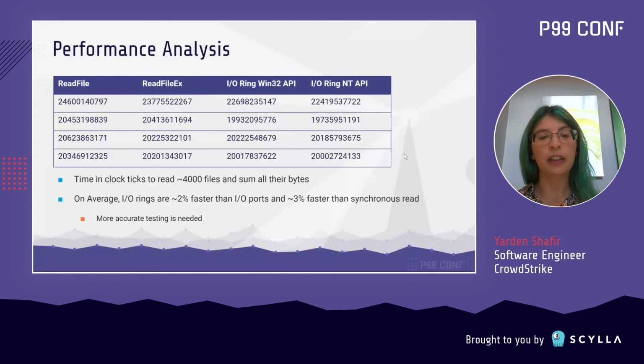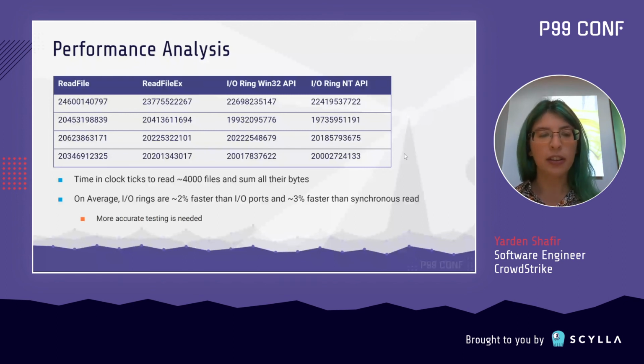The results are pretty inconclusive because there's a lot of variance related to caching and things like that. But I got a pretty consistent 2% improvement in IO rings over asynchronous read using IO ports. In some cases, the improvement was even up to 5%, but those were relative edge cases.